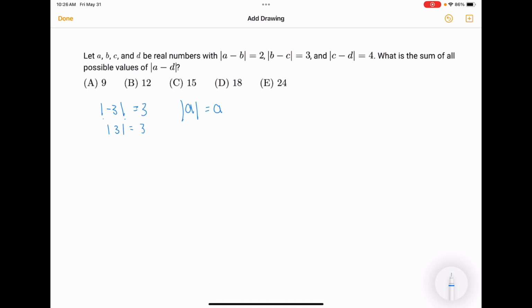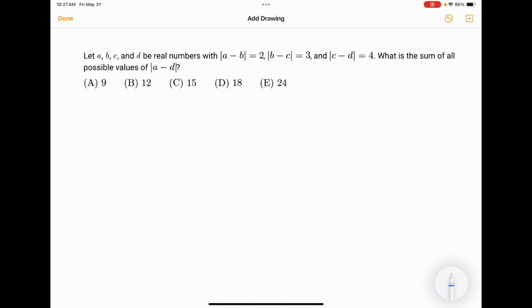But if we get rid of the absolute value, then that means that A itself could be positive A or negative A. So essentially what absolute value does is it takes the number, which could be positive or negative, and turns it into a positive number.